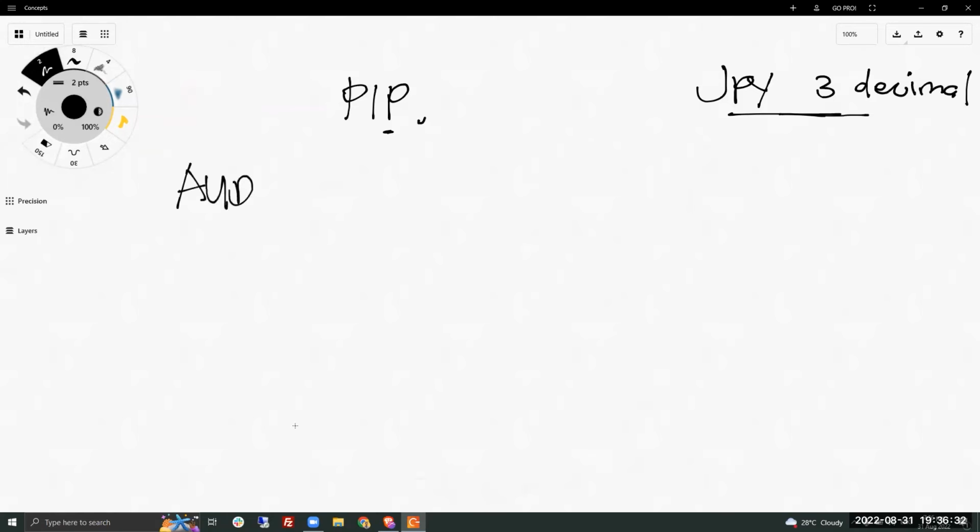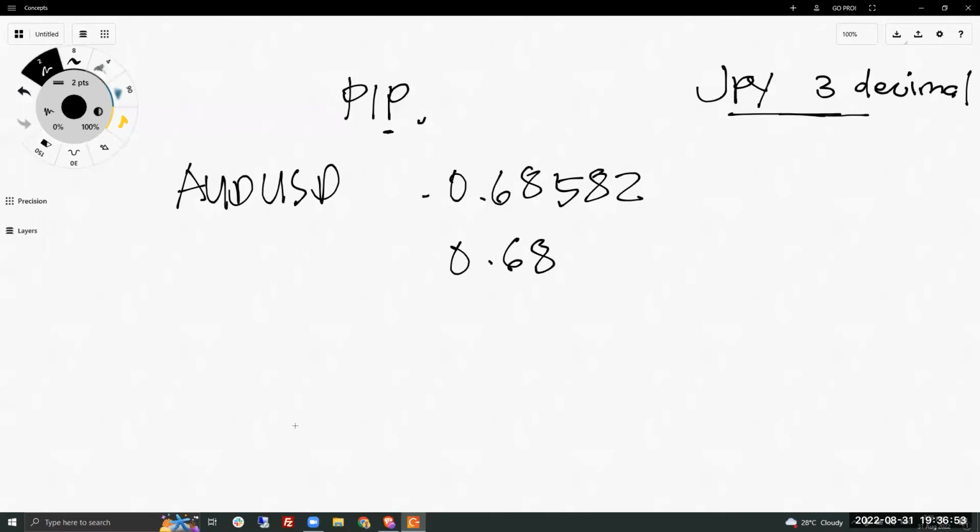AUD USD, which has a current exchange rate of 0.68582. Okay? So see AUD USD, if this is its starting price, and we moved to 0.68892.